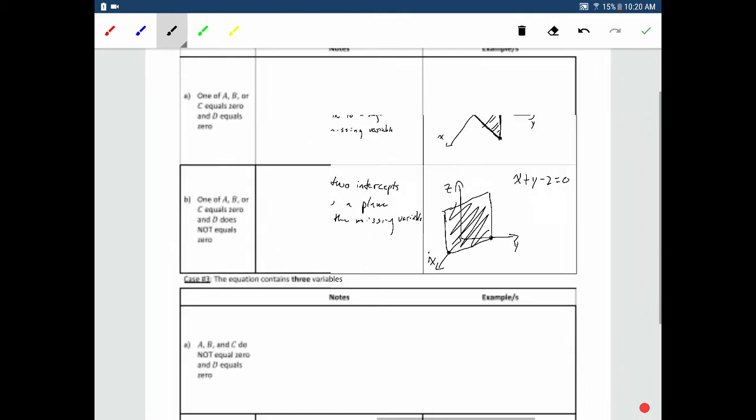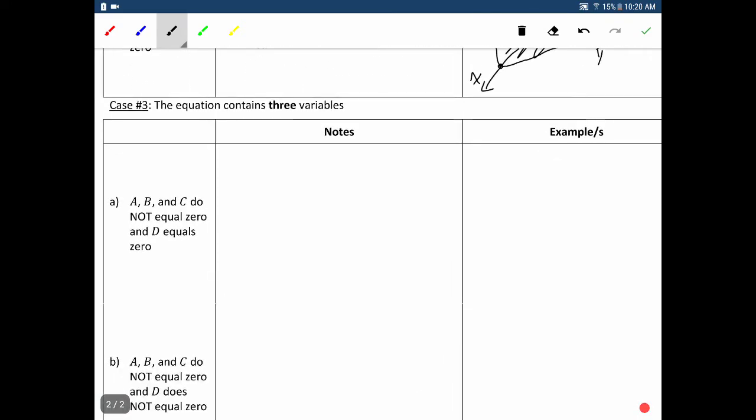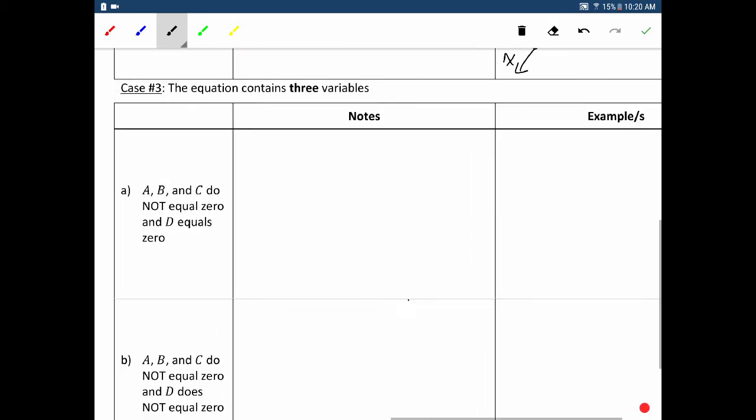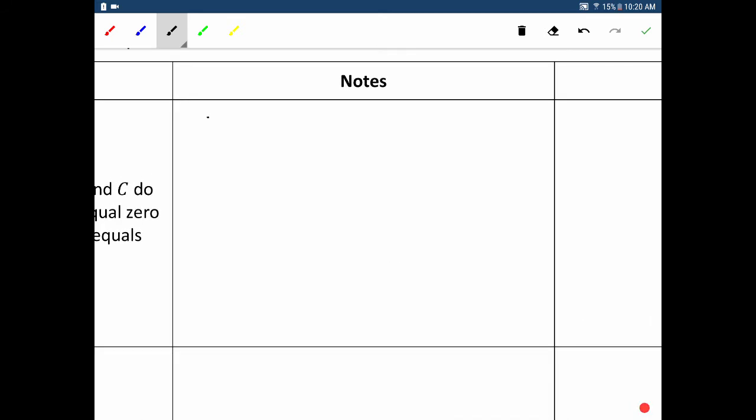So the next one we're going to do, I believe, is the hardest of all of the ones to do. This is where A, B, and C, none of those equal 0. So we have a value for each of those, but D does equal 0. What we're going to do on this one is include the origin.